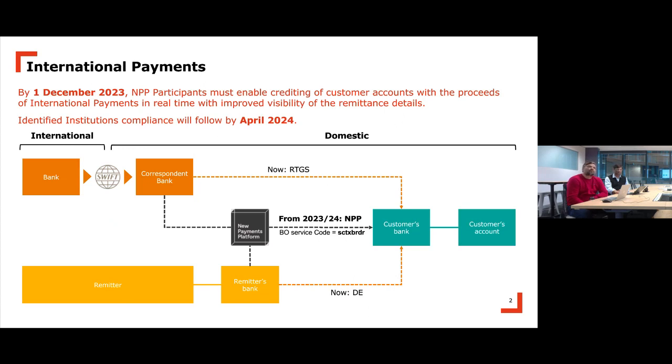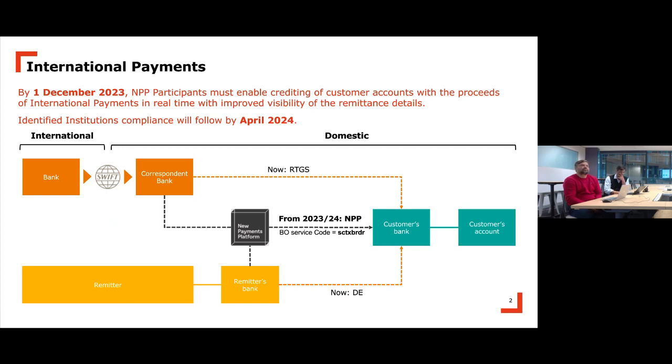This diagram gives the overview of how the NPP comes into the picture for international payments. IFT is the International Fund Transfer Instruction, which is initiated by the offshore or overseas party. From the NPP perspective, it covers the final domestic leg of the settlement where the creditor gets the credit via NPP.